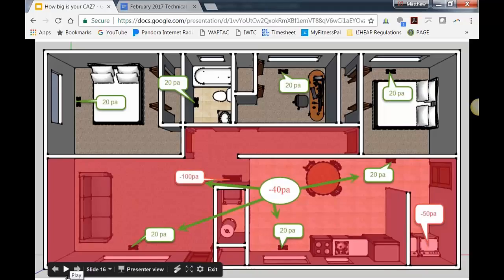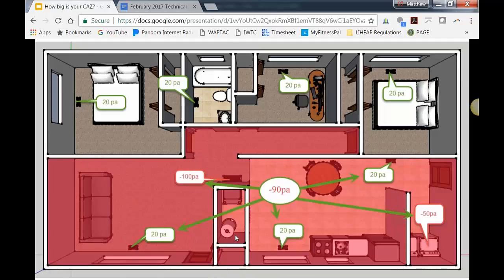It should make it more negative. Yeah, so in our perfect world scenario here, it's going to make it more negative, right? And if everything else was airtight, we should see that drop that another 50 pascals total. So now our CAZ is getting pretty negative, right?